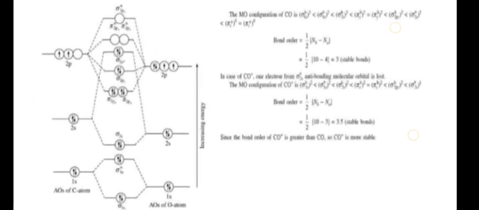The order of configuration is pi 2px2, pi 2py2, sigma 2pz2, and the anti-bonding molecular orbitals are empty. That is explained based on this molecular orbital diagram.